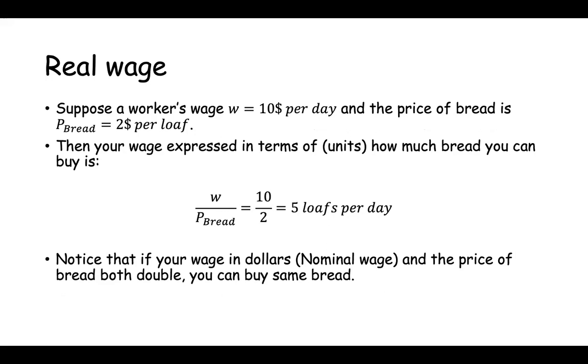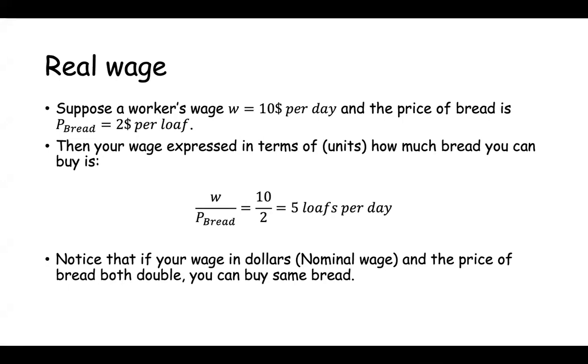Another way of saying that is what really matters when you're thinking about your wage. If I tell you I'm going to pay you $10 per day, in some sense, that's not enough information. What matters is what is the purchasing power of your wage. And so instead of expressing your wage in nominal terms, which would be $10, we're going to define what we call your real wage. What is your real wage?